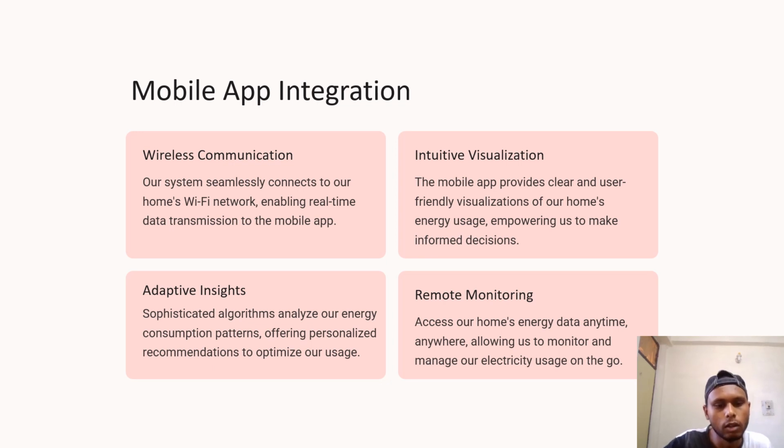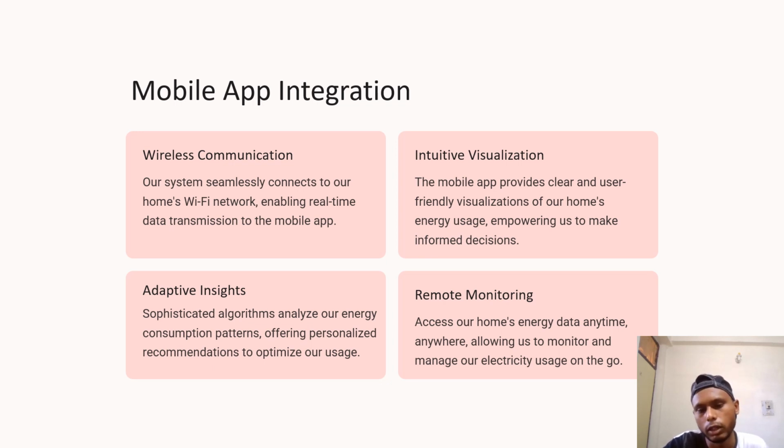We use sophisticated algorithms which will analyze our energy consumption patterns and offer personalized recommendations to optimize our usage. And for remote monitoring, we can access our home's energy data anytime, anywhere.